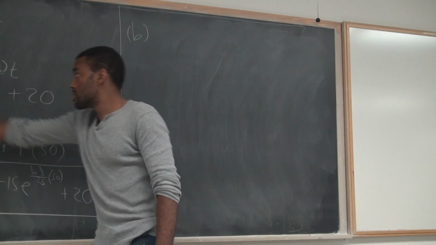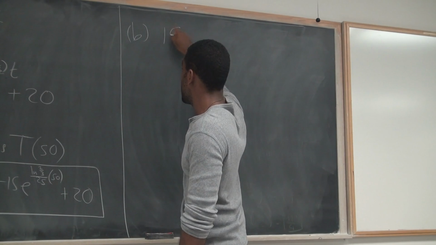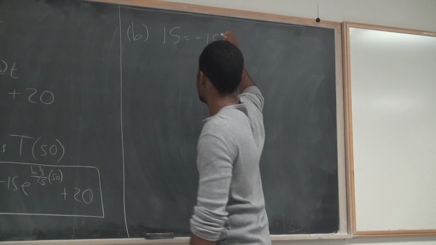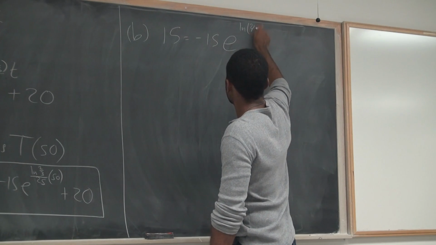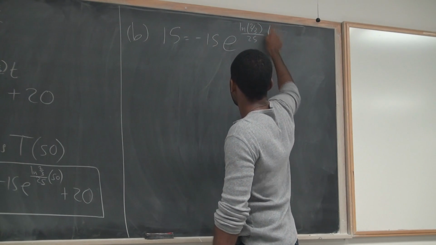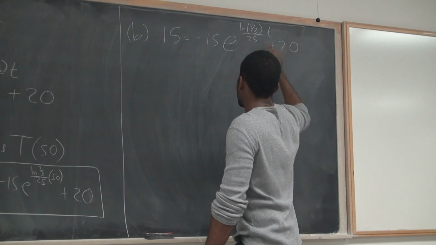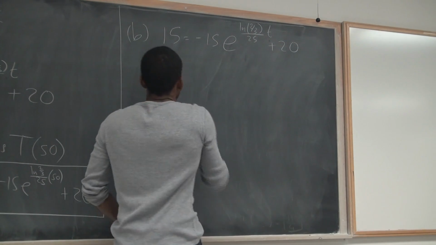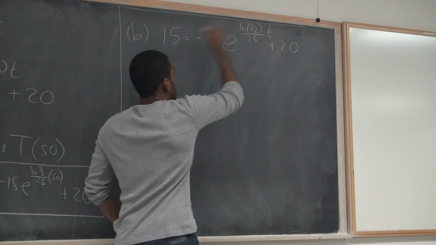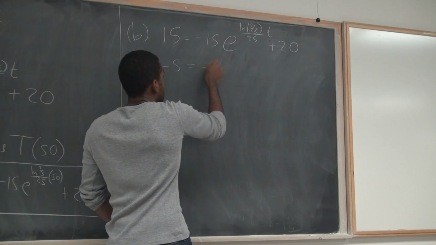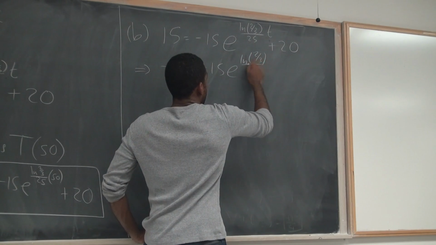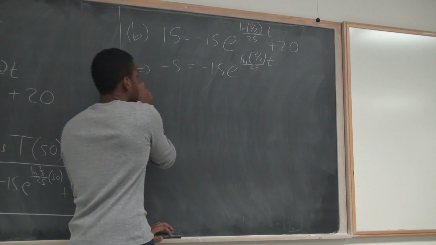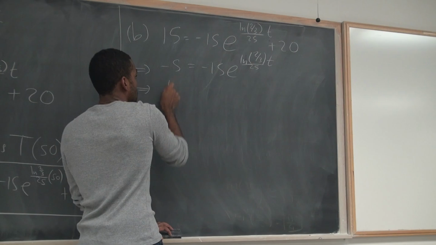The big T, because that's the temperature. So I said 15 is equal to minus 15 e to the ln of 2/3 over 25 t plus 20. And I'm going to solve for little t. So I'm going to subtract 20, I get minus 5. And then divide by 15, I'll get a third.